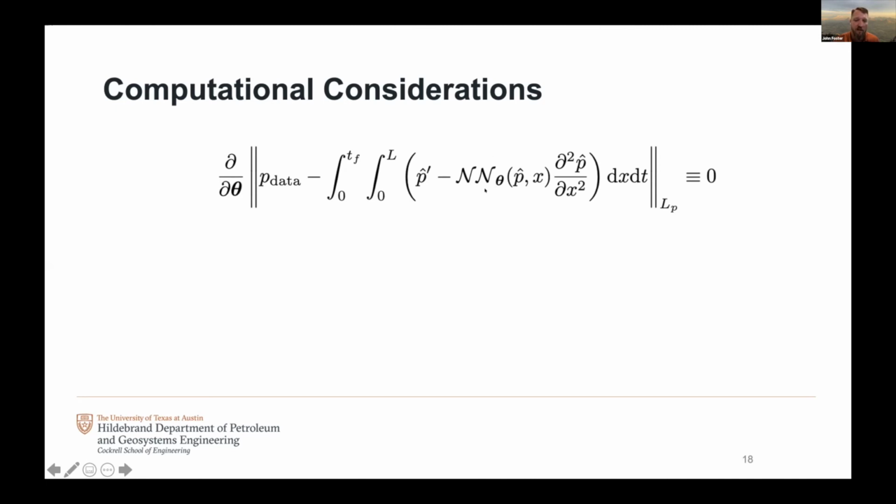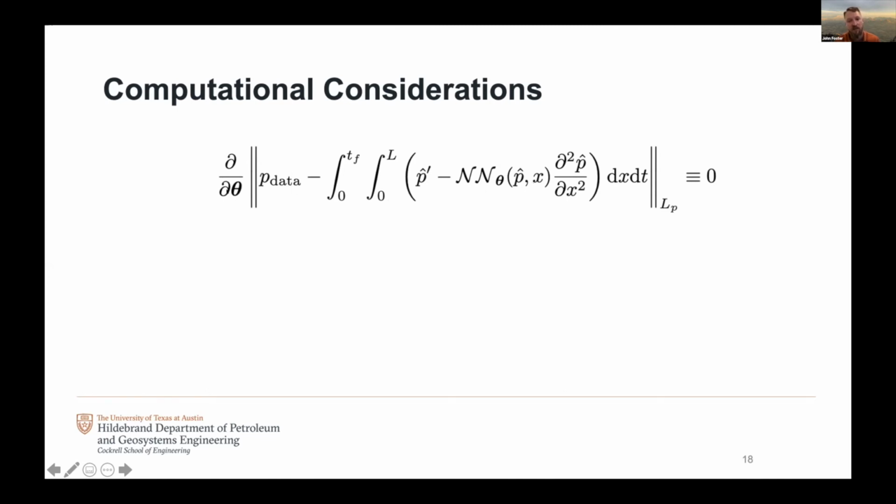In solving a problem like this, we want to find the parameters of the neural network theta that minimize this objective function. We're solving the pressure diffusivity equation here and comparing that with some known data, trying to find the neural network that minimizes this objective function.